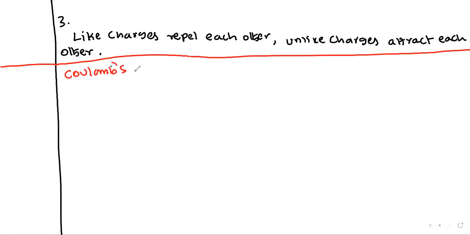Coulomb's law says that suppose I have two charged particles with charges Q1 and Q2, separated by a distance R. Then Coulomb explained the force existing between the two particles.